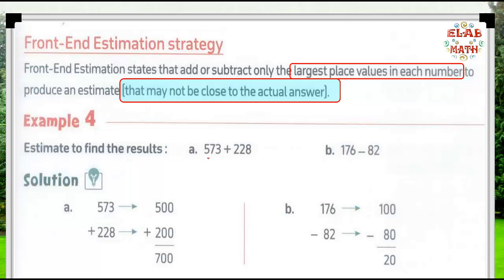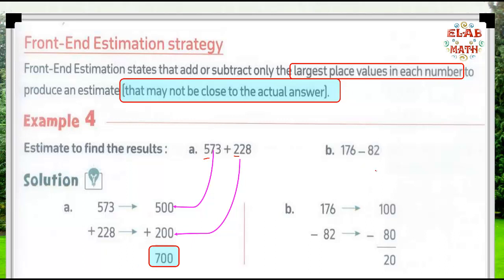You should leave the first digit without a change and write zeros. We have 5 here, so to estimate this number, it will be 500, and in the largest place of the other number we have 2, so it will be 200. After that, make addition between 500 and 200, which is 700. This is the sum using the front-end estimation strategy.